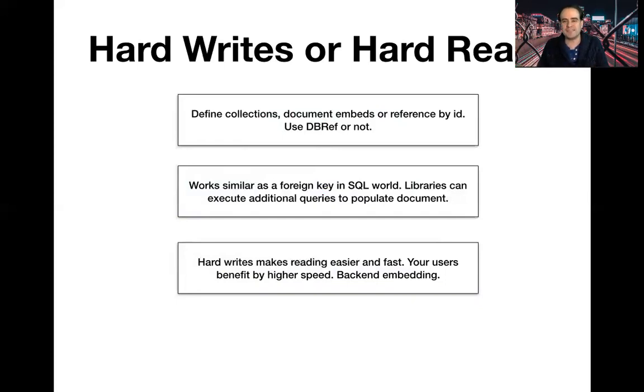The advantage is that when users are querying data, it's much faster because you've got the document there with all the data. You have the users, the groups, all your references are there, and you have all the data.